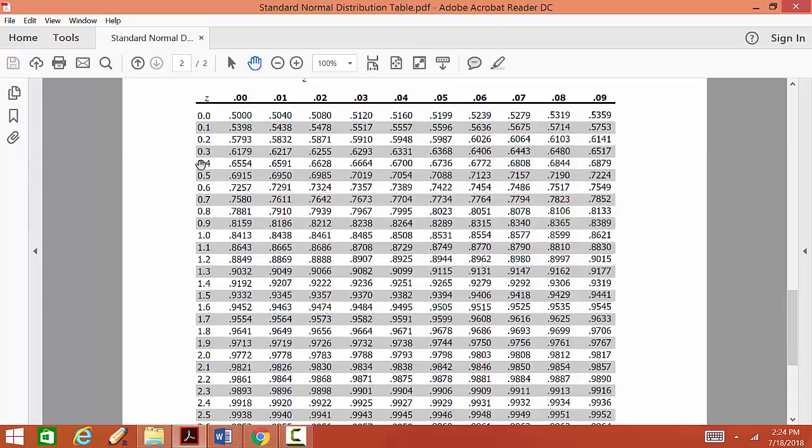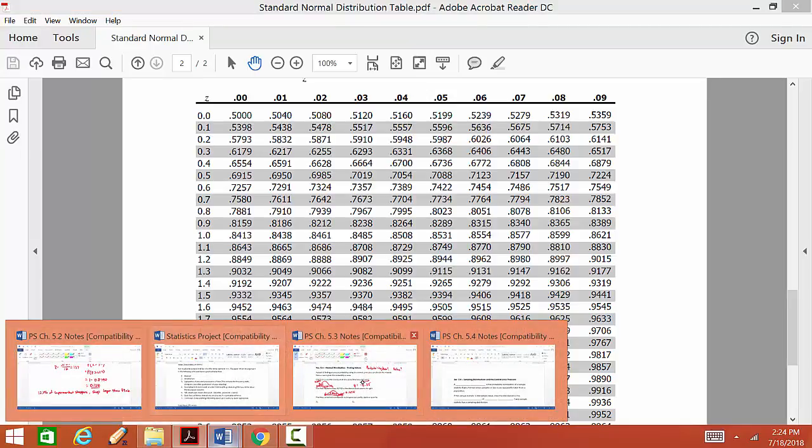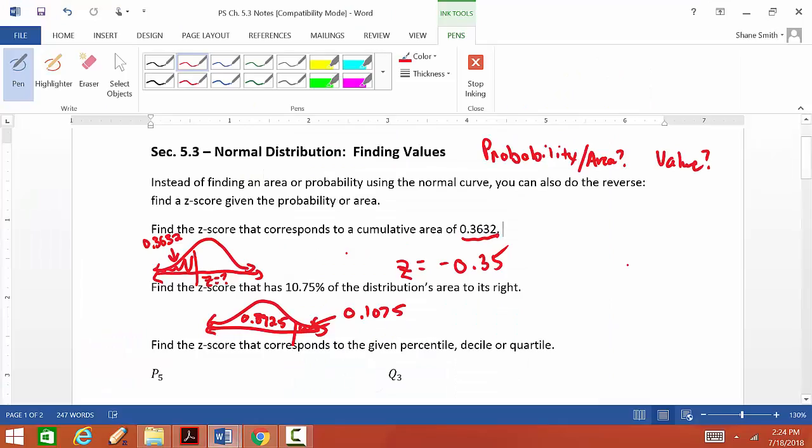That is a positive z-score, because a positive z-score has an area to the left greater than 0.5. And remember, the numbers in the table are always the area to the left. So even though they gave us 10.75% to the right, I need to find the area to the left first.